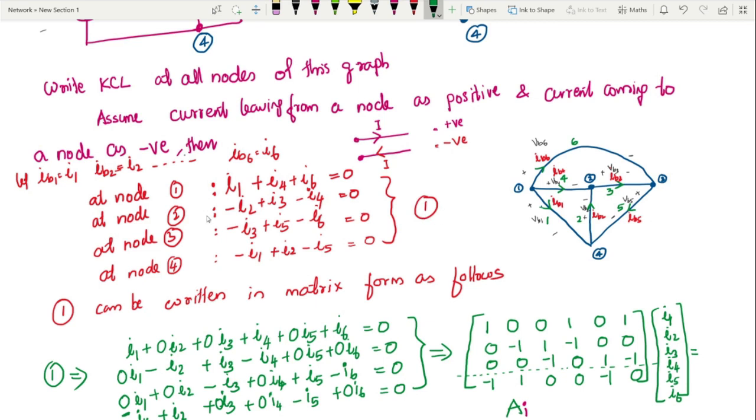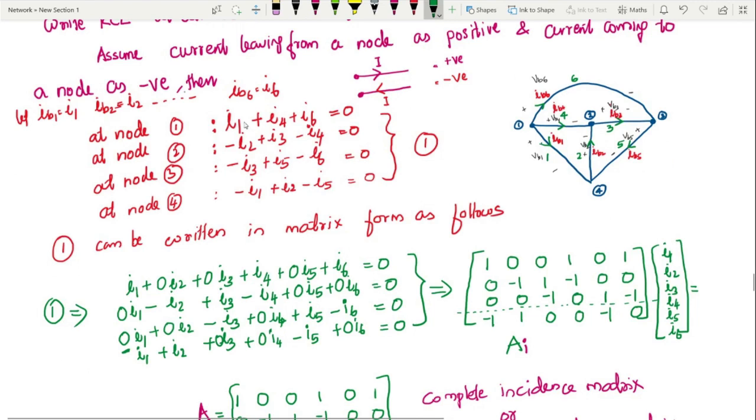Equation number 1 is based on the nodes and the corresponding incident branch currents. If we represent equation number 1 with all the variables, that is I1 to I6, then this equation can be represented in this manner. The other entries' coefficients should be 0 in this case. It is very easy to represent this equation in matrix form.